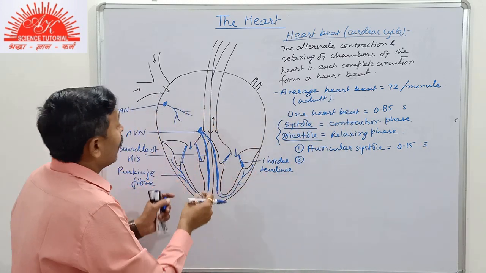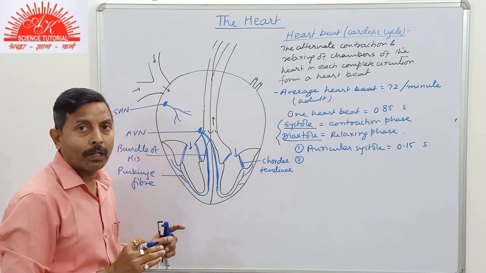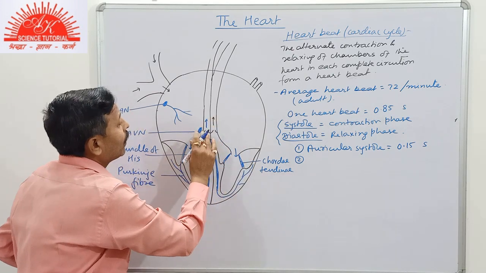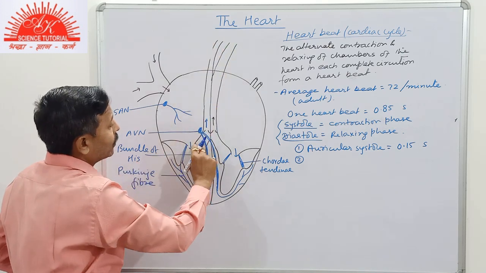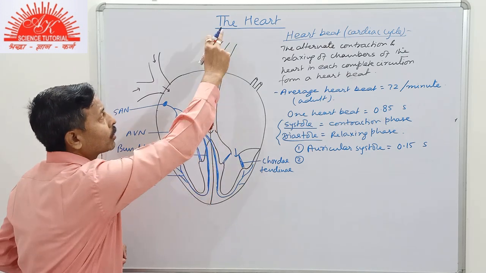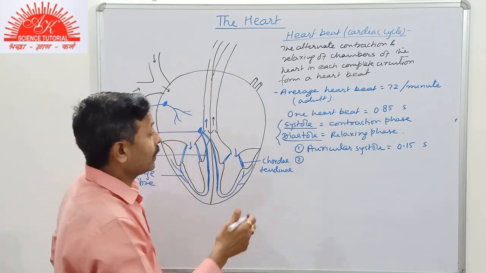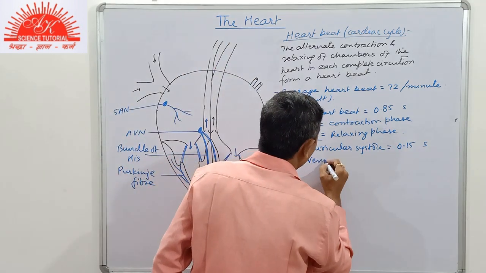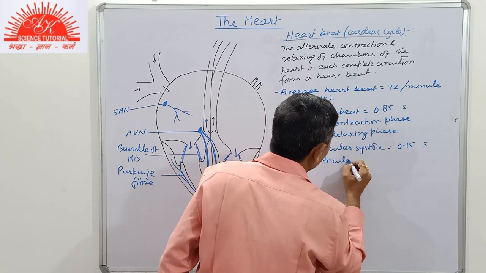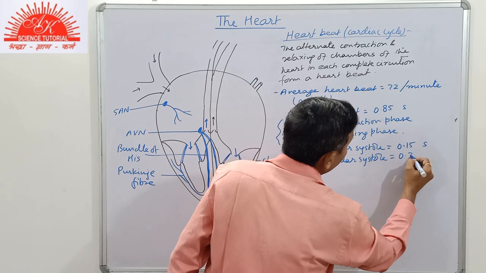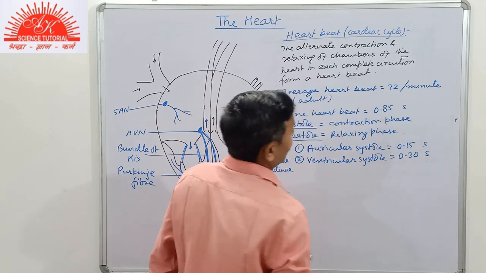Next, when the ventricle gets filled with the blood, it contracts and sends blood to the different parts of the body. Through the pulmonary artery, blood goes to the lungs, and through the aorta, it goes to different parts of the body, that is the tissues, and hence it is called ventricular systole. Ventricular systole will be for 0.30 second.